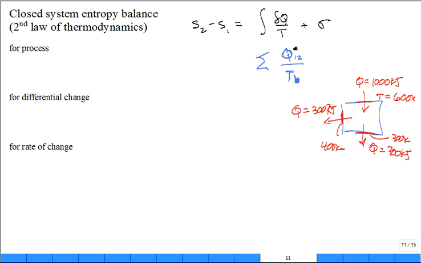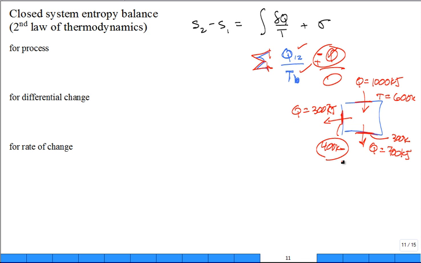So we could put in our 1,000 divided by 600, and then the next one would be a Q of 300 kilojoules, but it would be a minus because it's out, negative 300 kilojoules, divided by the boundary temperature of 400 Kelvin, etc. So you can write it as a sum as well. You'll see that written that way.